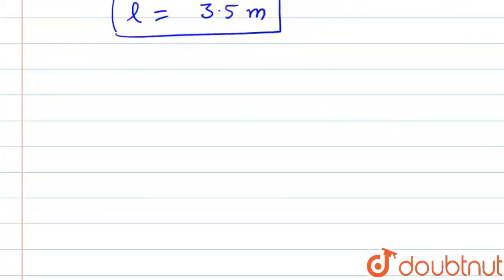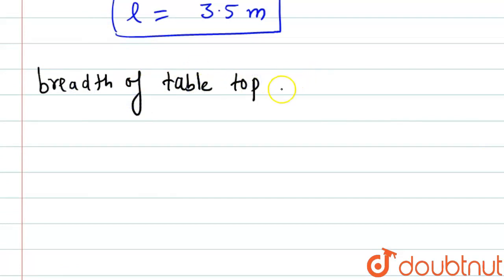The breadth of the tabletop, let's say B, is equal to 2 minus, and as we have already converted 25 centimeter into meter, we can write 2 minus 0.25 plus 0.25.